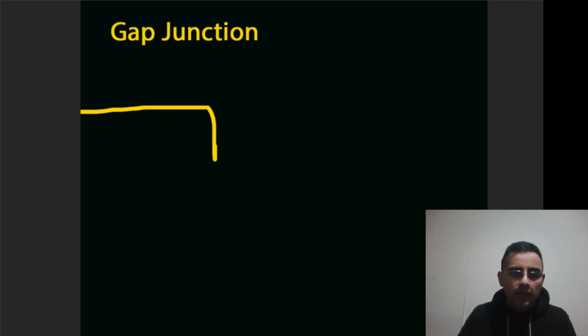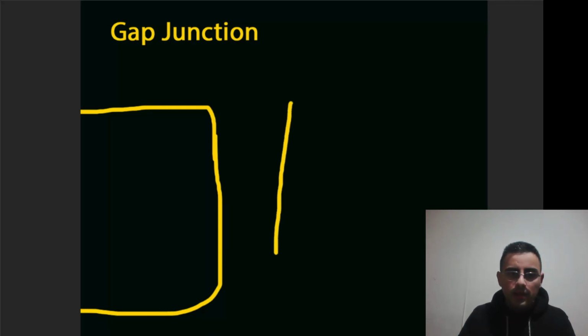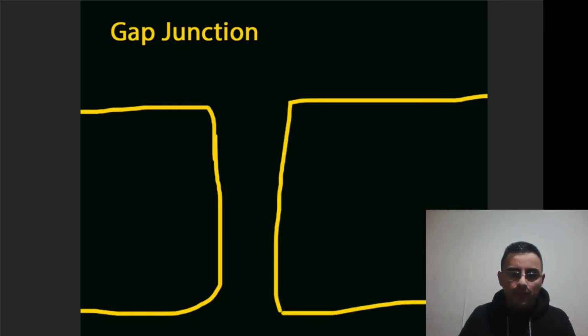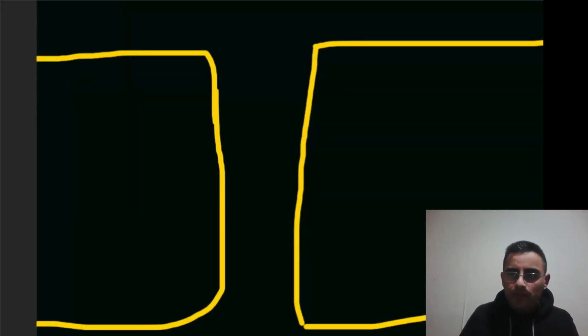Now I am painting one cell, and there is another cell. And the gap junction, let's paint it in blue. It's like a tube.